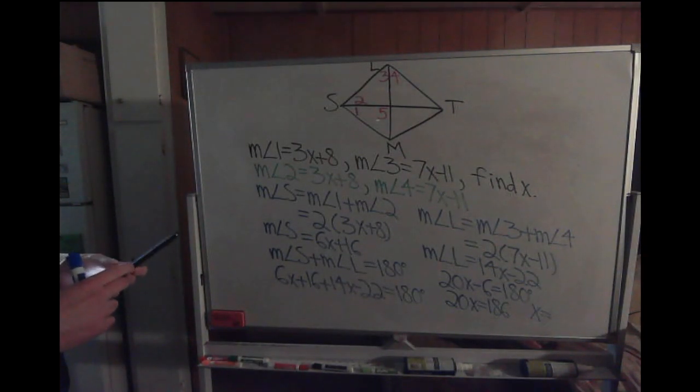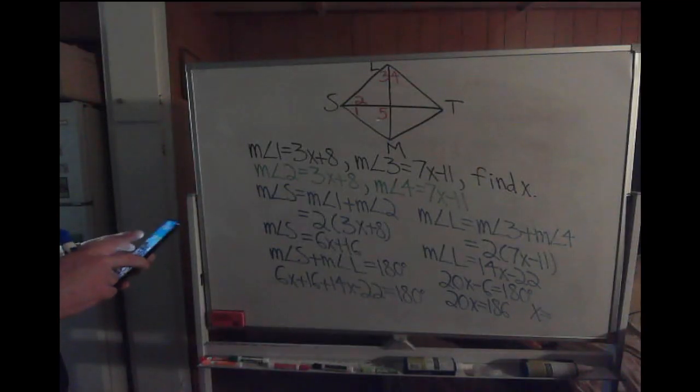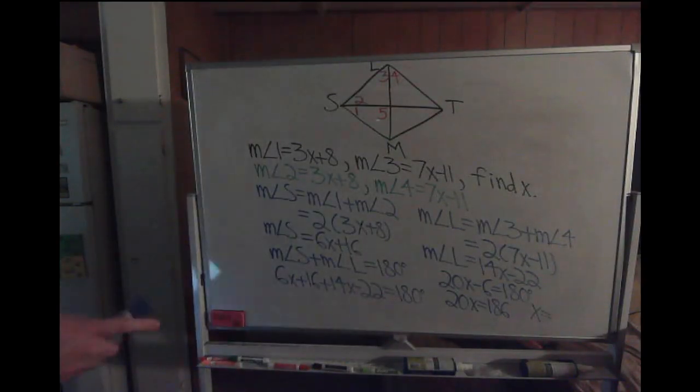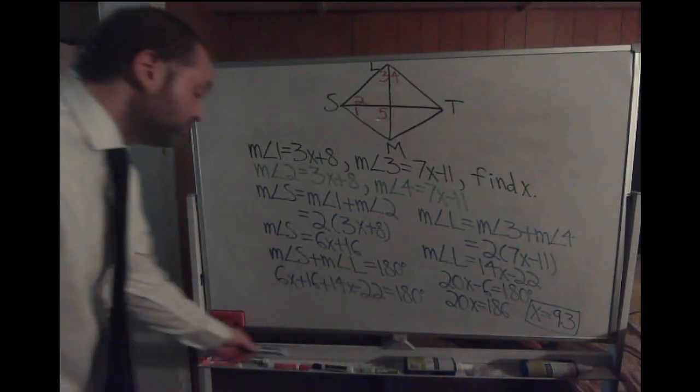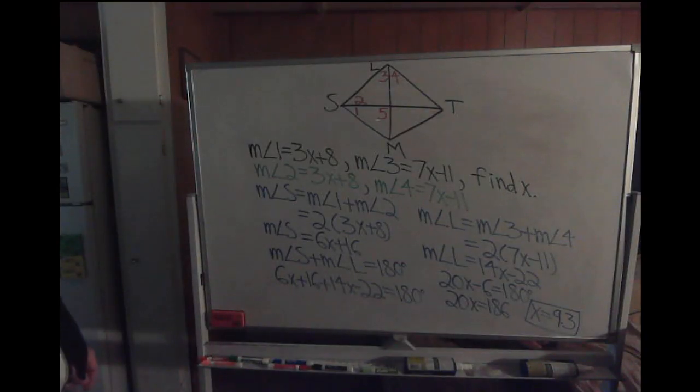So let's figure out, as a decimal, what is 186 divided by 20? Come on, calculator. 9.3. So x would end up equaling 9.3. That's what you would get. X is equal to 9.3.